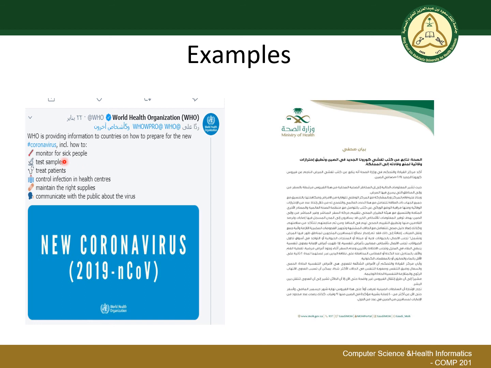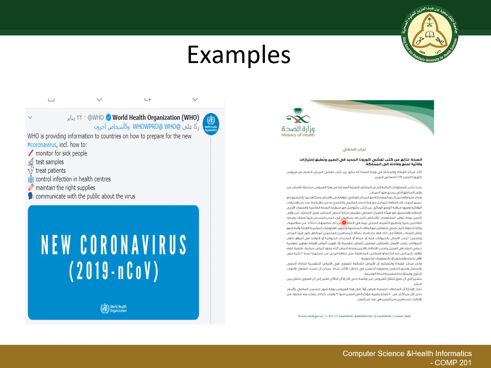So they told the countries to monitor the sick people, test the samples, treat the patients, control infection in health centers, maintain the right supplies, and communicate with the public about the virus.